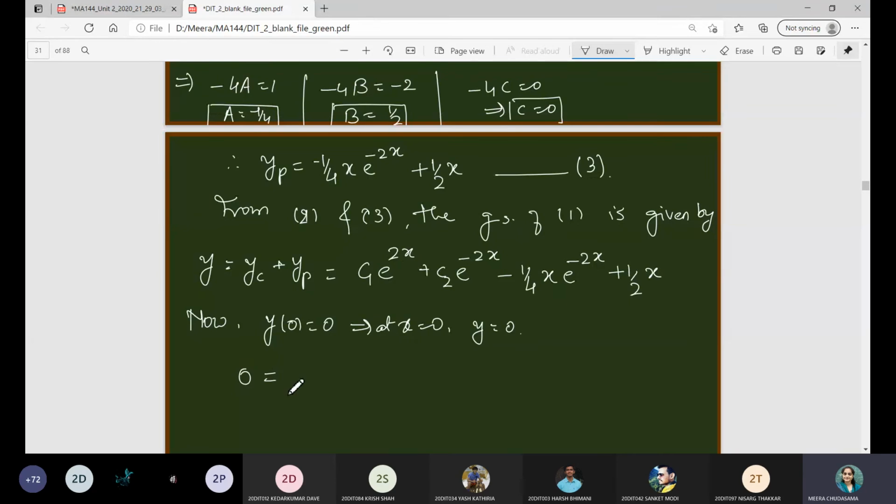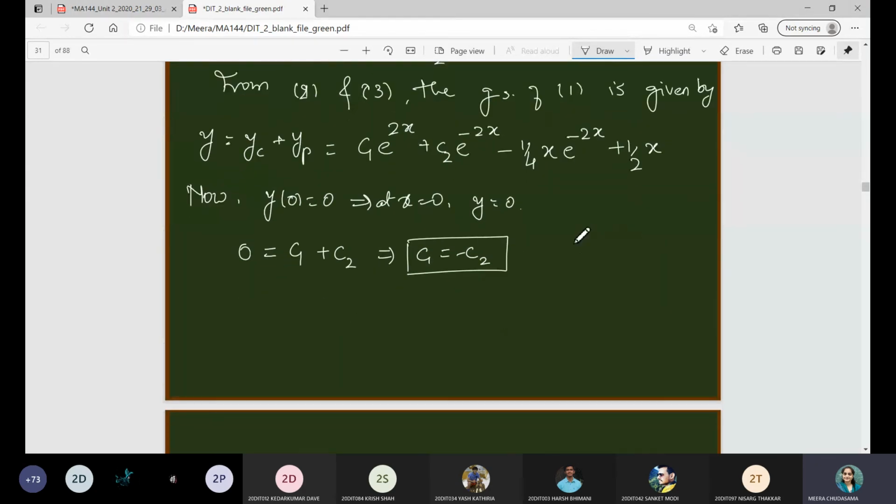When we put x as 0, it is c1 e raised to 0 plus c2 e raised to 0. x is 0. So these two terms will have answer 0. So this is the relation we obtained between C1 and C2, that is C1 is same as minus C2, or C2 is same as minus C1, right?